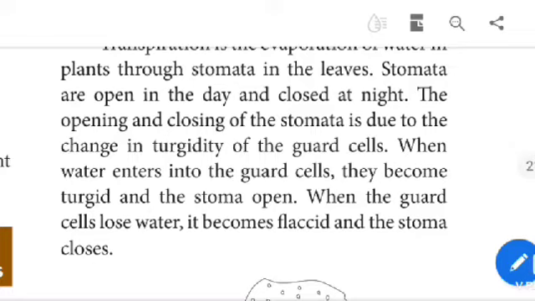When water enters the guard cells, they become turgid and the stomata open. When the guard cells lose water, they become flaccid and the stomata close.